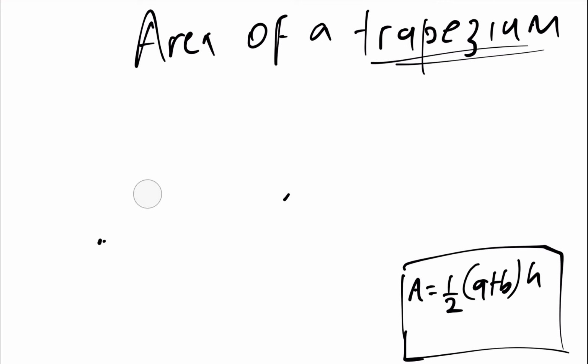Okay, now let's get into a few examples to make you feel what I've been saying. Let's say we're given this shape here, and again, these sides are parallel to each other.